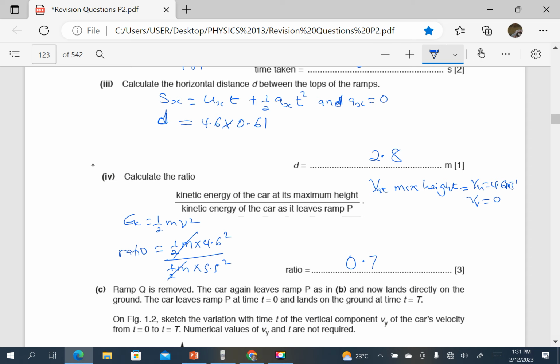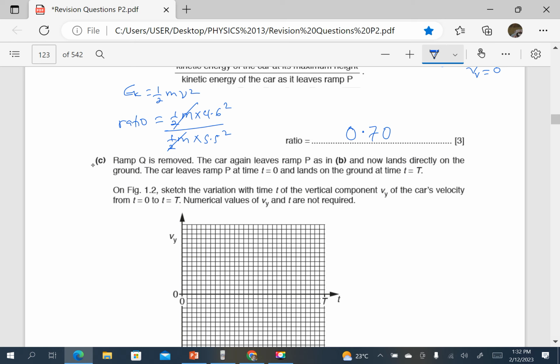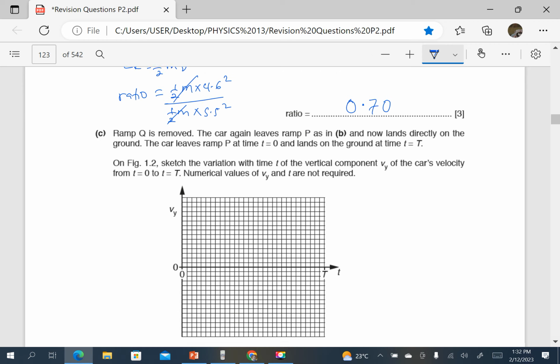Ramp Q is removed. The car again leaves ramp P as in part B and now lands directly on the ground. It means it now lands with a higher speed because it continues falling below the point of projection. The car leaves ramp P at t equals 0. It will start with a certain velocity.